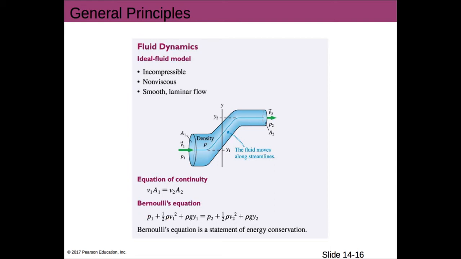You'll have to know the velocities of both gases. The height difference here is going to make a difference. So there is a Bernoulli equation, and here's our equation of continuity. This is the one where you can figure out what the second velocity is.